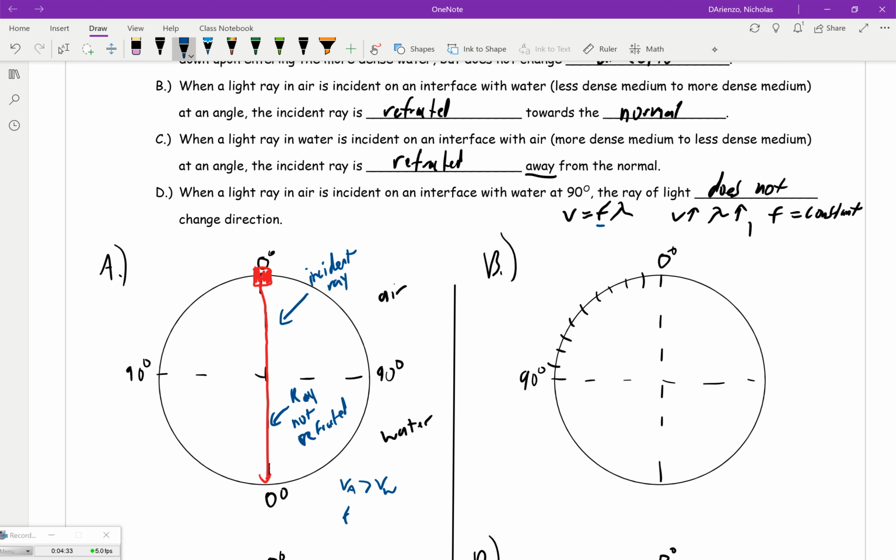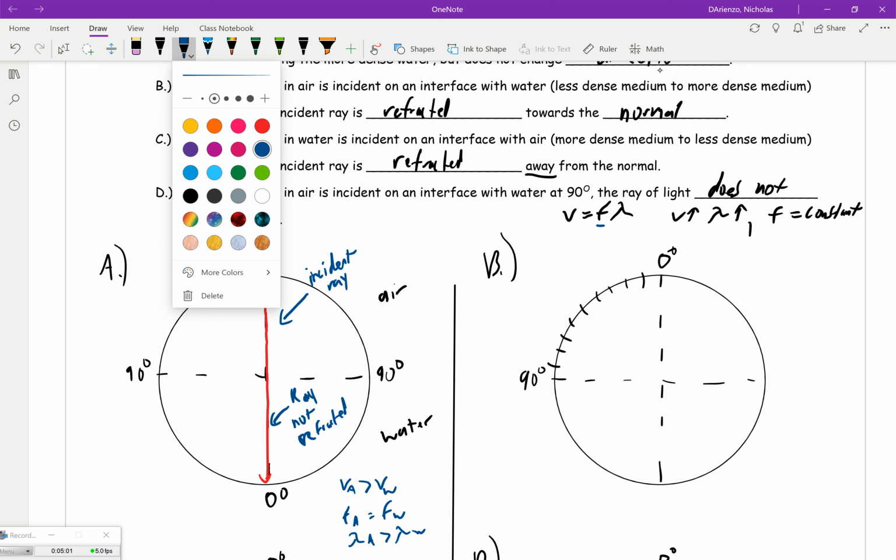The frequency in air is the same as the frequency in water, and because of that, the wavelength in air is greater than the wavelength in water. So at 0 degrees, our light ray is not refracted at all when moving from air to water.